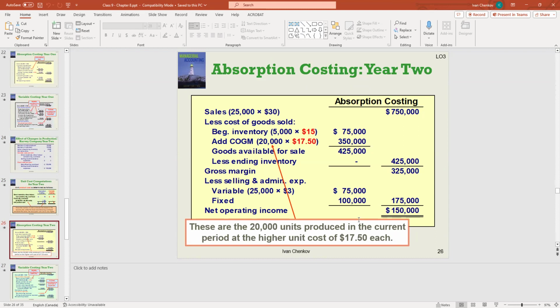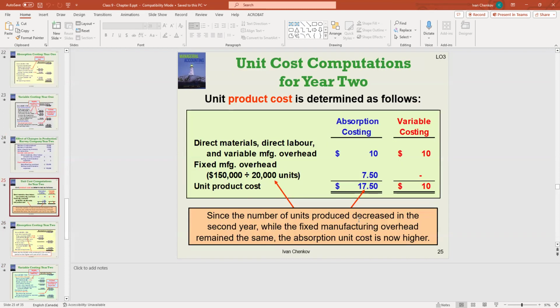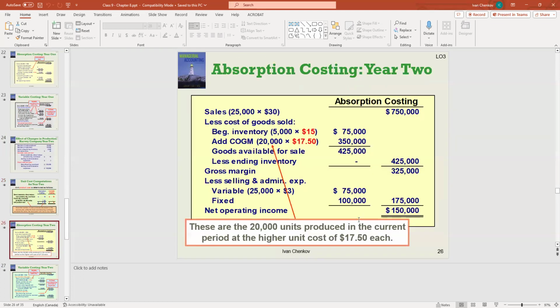The difference in product cost between absorption and variable costing, we're not going to see it because we're selling exactly the same amount. Those units that were coming at the expensive cost, we're selling them. But the difference is going to come from the inventory that we're holding, the expensive inventory in the absorption, which was $25,000 more than the variable.